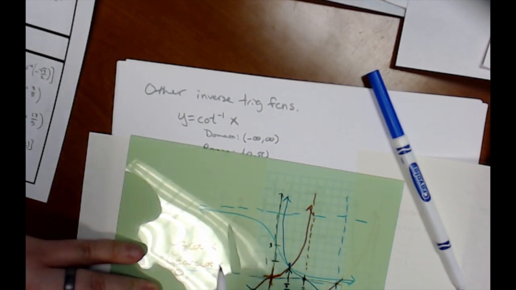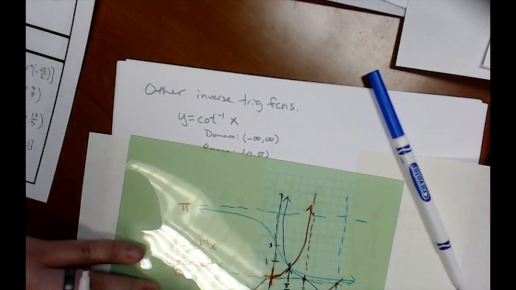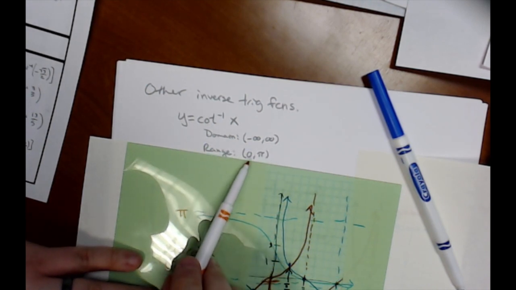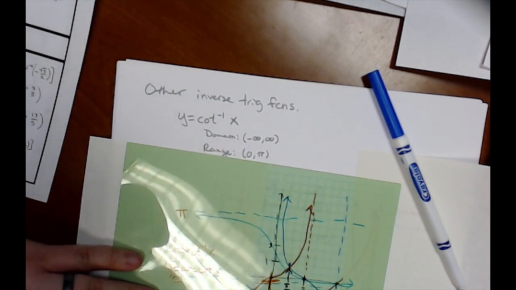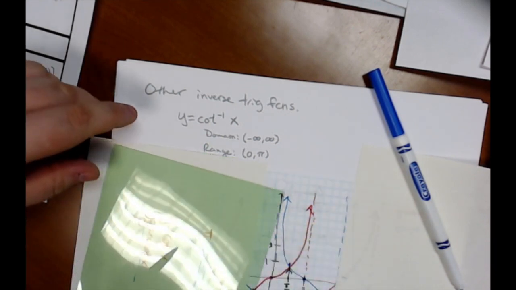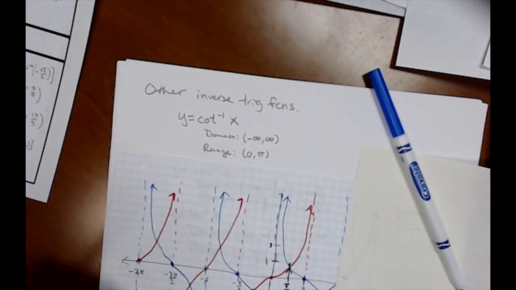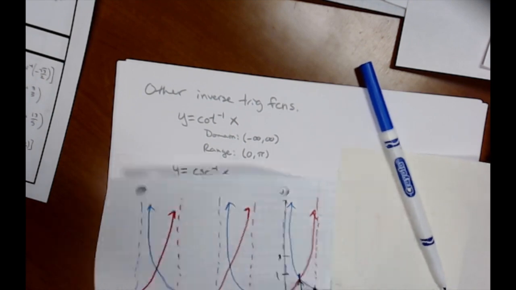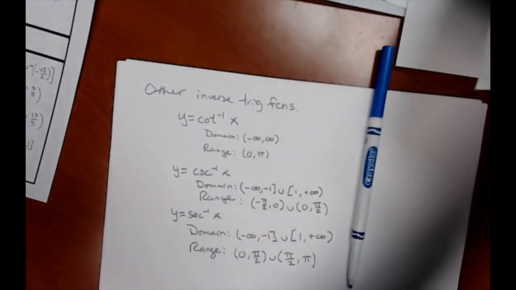Its range is 0 to pi, and the domain is all real numbers. So that's our cotangent graph.